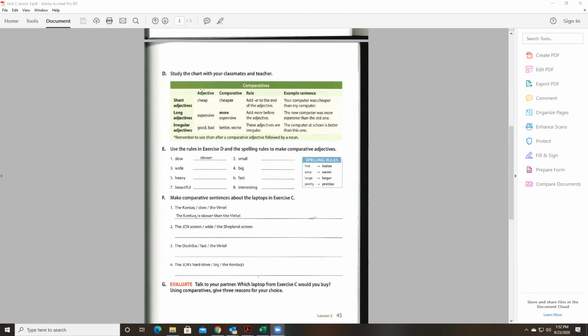So you have your adjective, you have your comparative, you have your rule, and then you have an example. So for a short adjective, you will add ER. For example, cheap will turn into cheaper. Add ER to the end of the adjective.